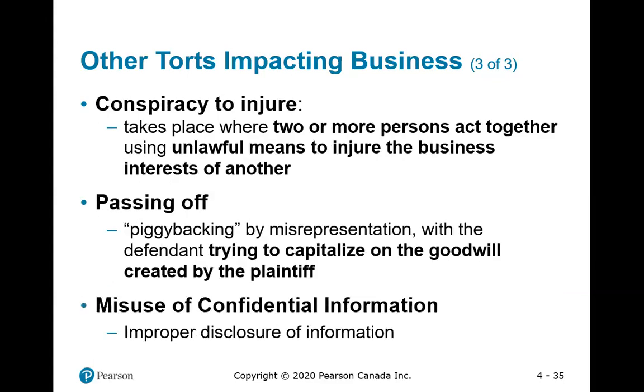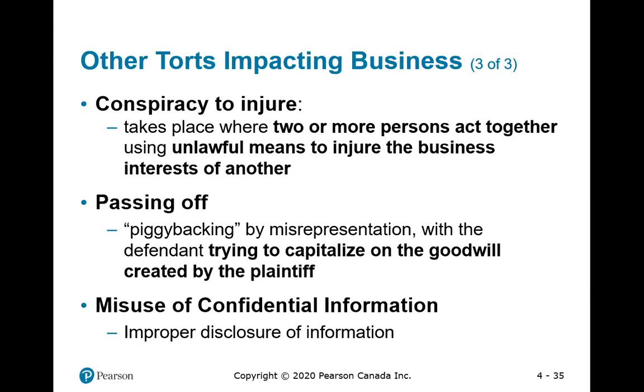Now, conspiracy to injure is when two or more entities, two or more companies, get together trying to harm other businesses. So let's say all coffee shops here at BCAT, except the Ritz, but all others, agree to set the coffee price at $1.